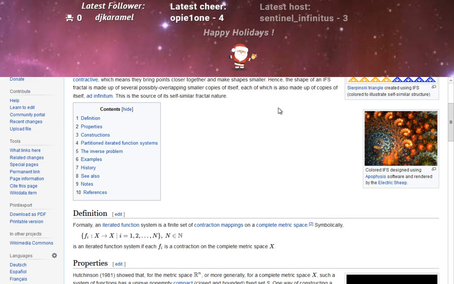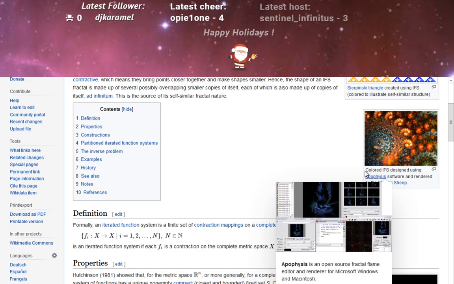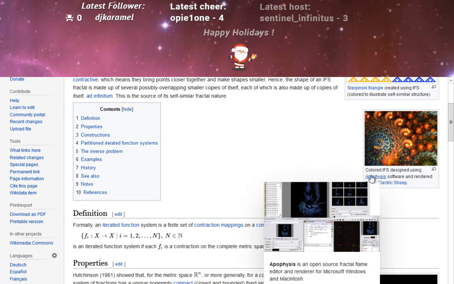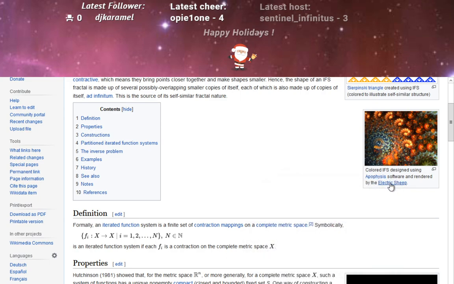Apophysis software and rendered by the Electric Sheep. Seems like I had this a long time ago. I don't know what this is, so I'll check it out.